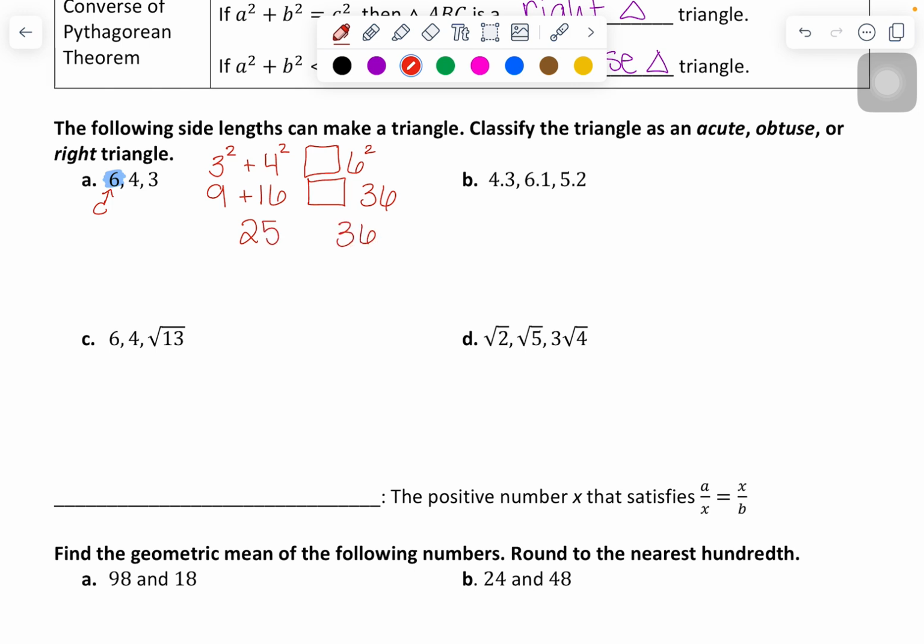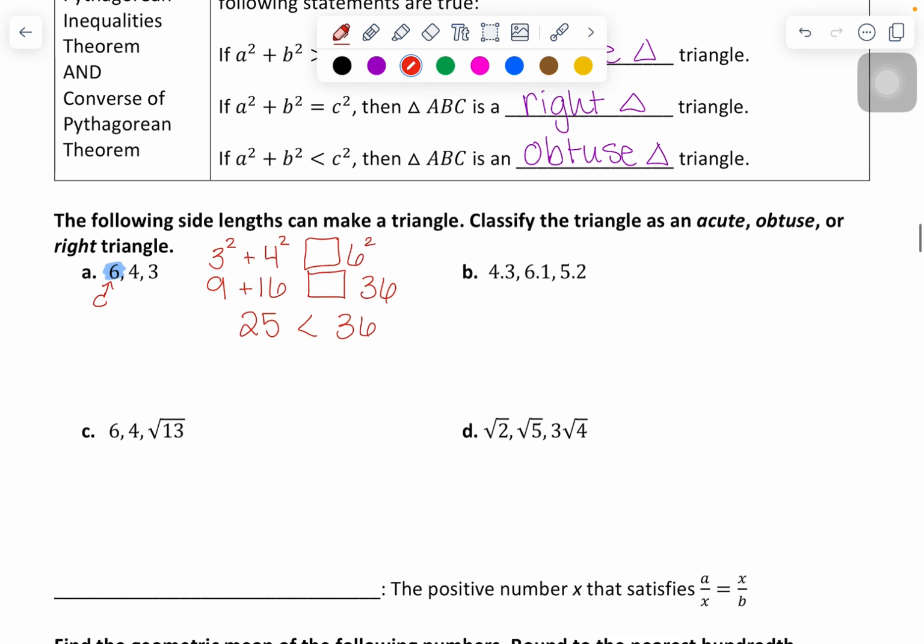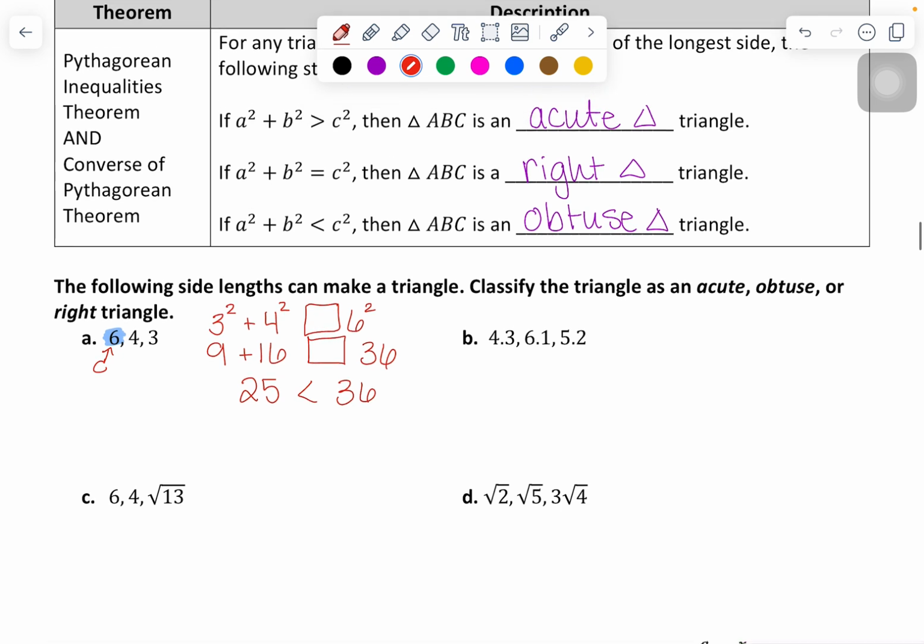And compared to 36, 25 is less than. It's smaller than. So, since in this case, this was larger, when the c squared is larger, that's when you get an obtuse triangle.